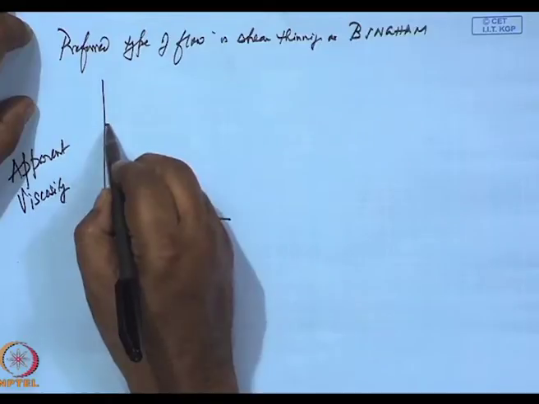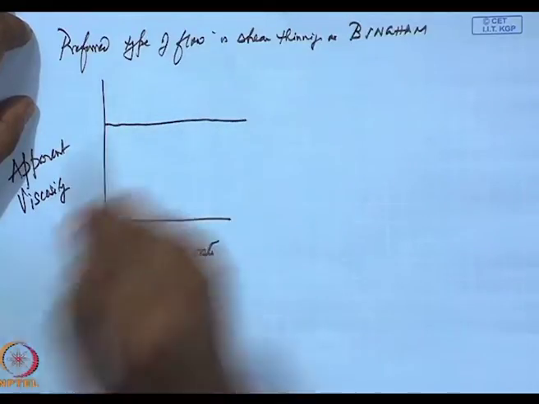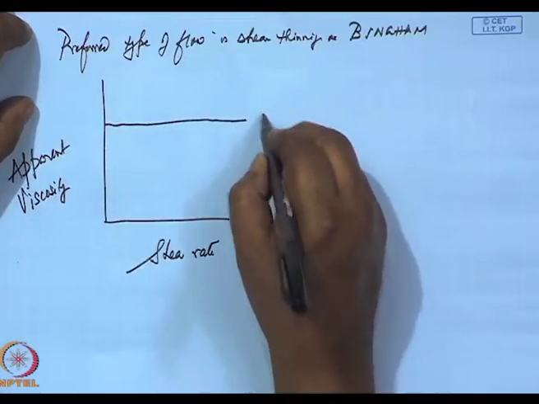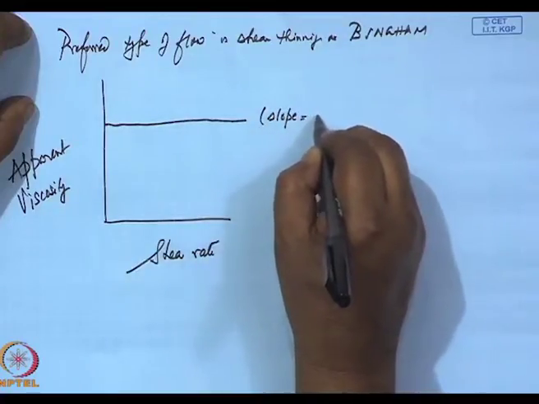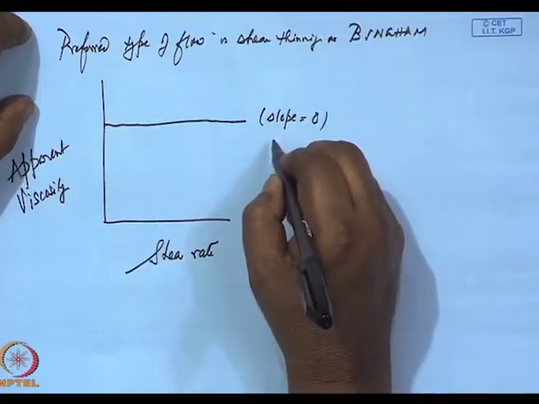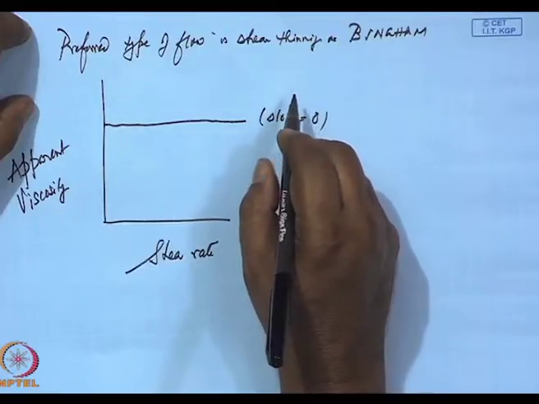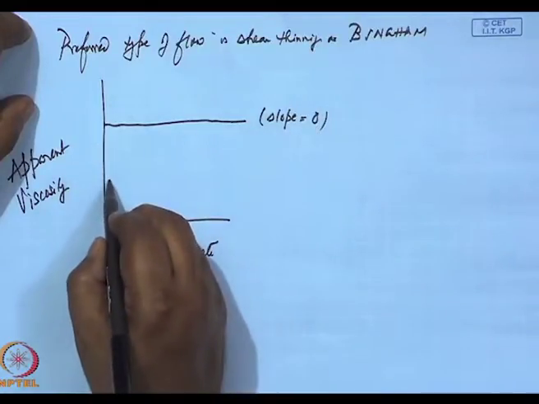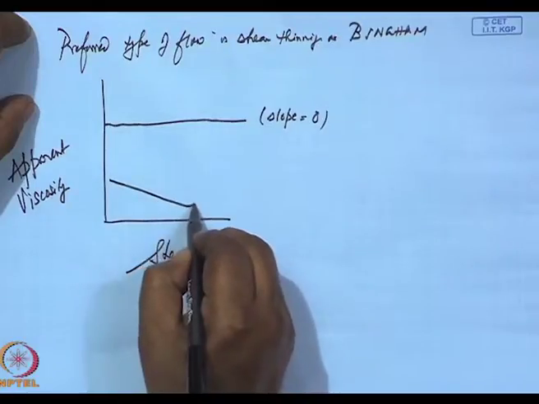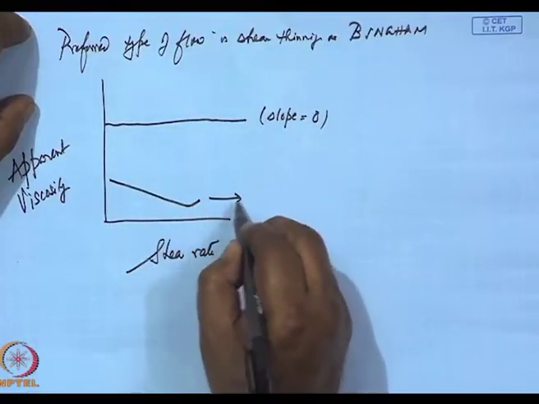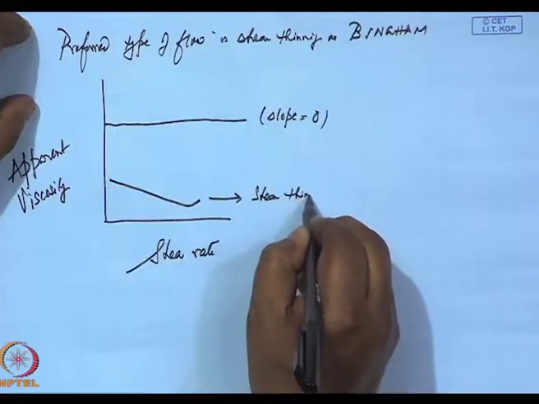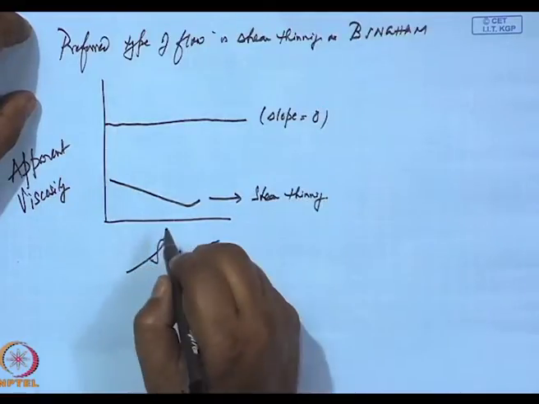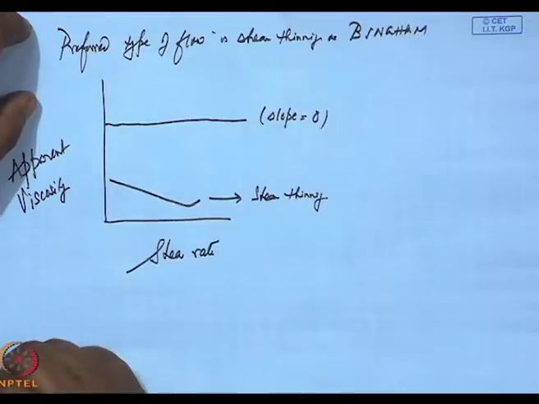Now, a Newtonian flow is this, that is, slope is 0. In Bingham plastic, this is what shear thinning is.